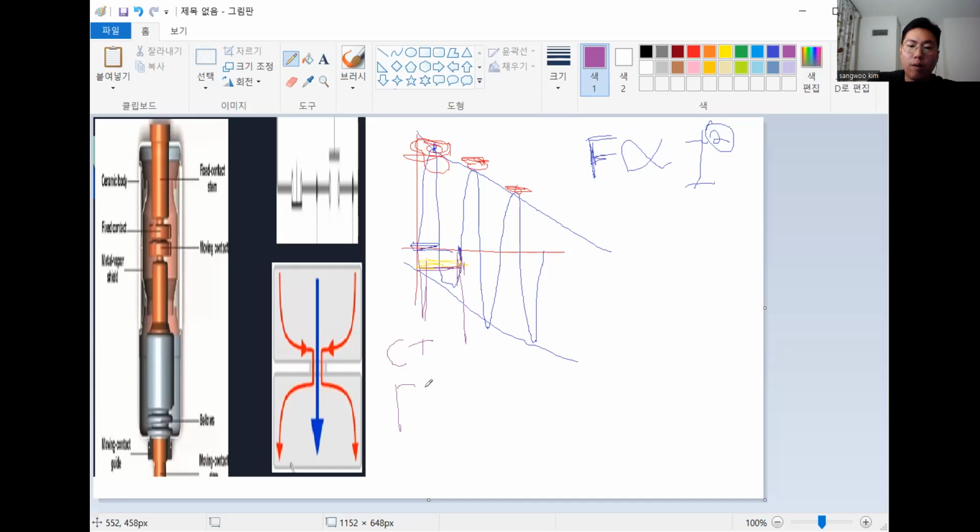The CT or PT needs detecting time, like one cycle. Then the relay operates, and the trip coil operates. Then it starts to open the circuit. Got it? Open the circuit. So it needs a little bit of time.